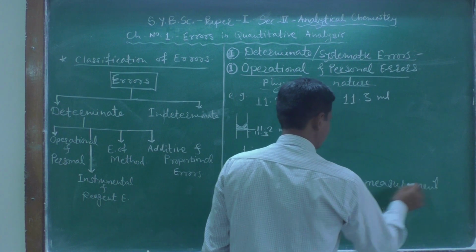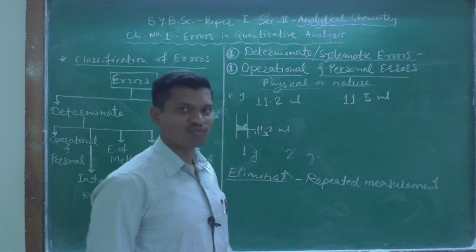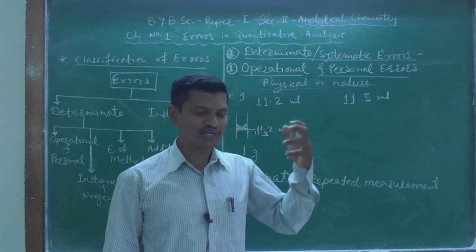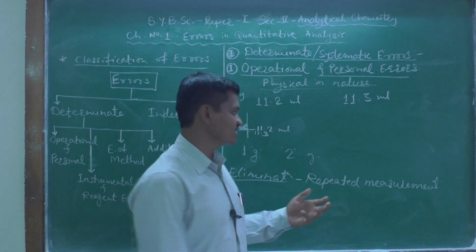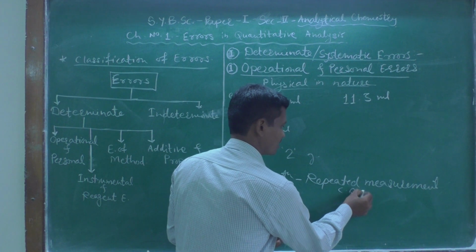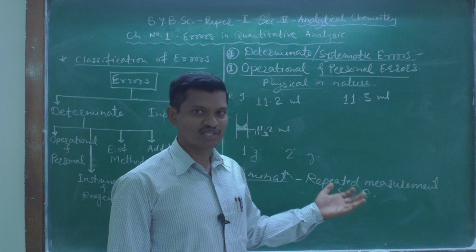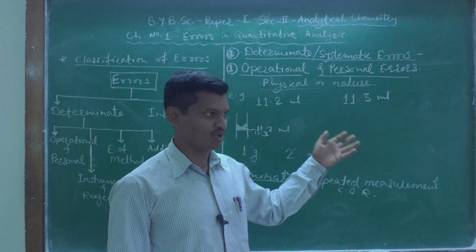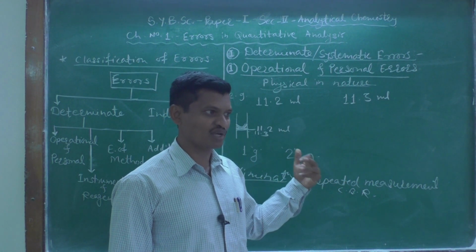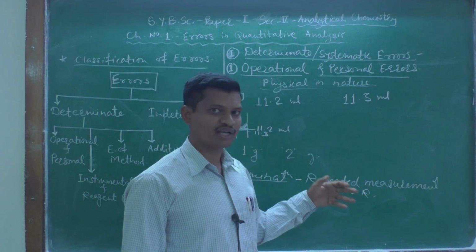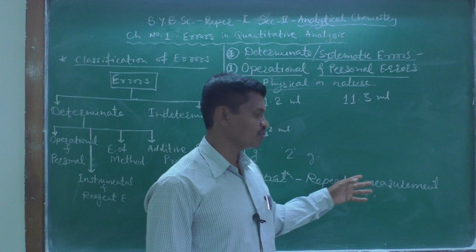This is the reason why we generally take 2 to 3 titration readings. While doing a titration, why do we generally take CBR, that is, constant burette reading? Because sometimes we get wrong results due to our personal errors, and to avoid this, we take repeated measurements.